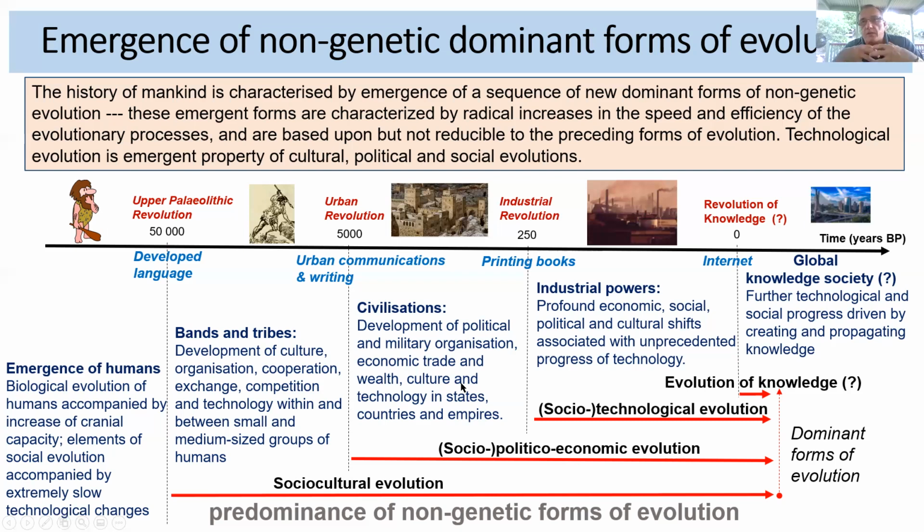But once we invented a new efficient form of information exchange, which was printing books and scientific journals, at some stage, a very efficient and new form of evolution, technological evolution, emerged. And in its speed and its implication, it overtook all previous centuries, not centuries, millennia of human development.